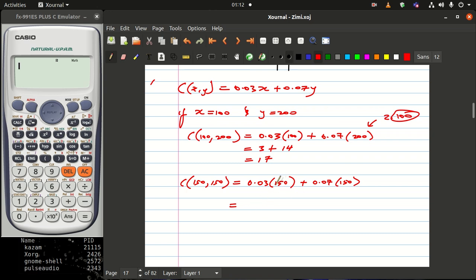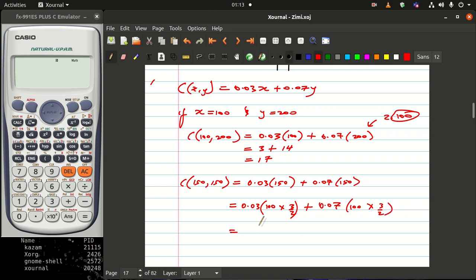I will have this one is going to be 0.03 times 100 times 1.5, because I will move the comma twice and have 150, and of course 1.5 is the same as 3 over 2. The same thing here, I have 0.07 times 100 times 3 over 2.